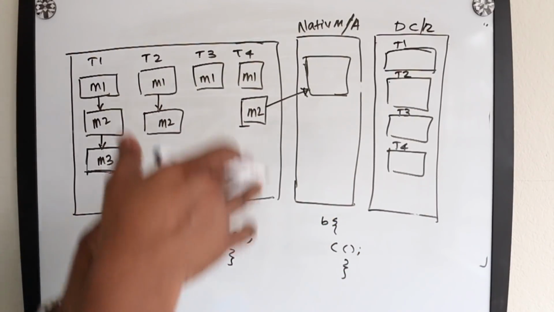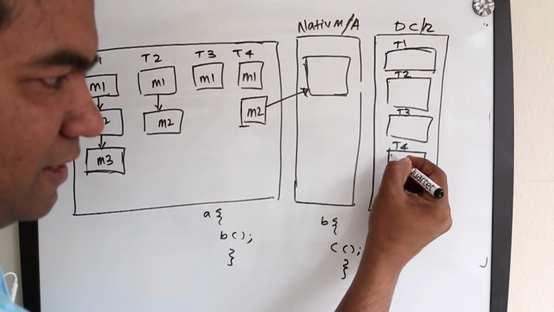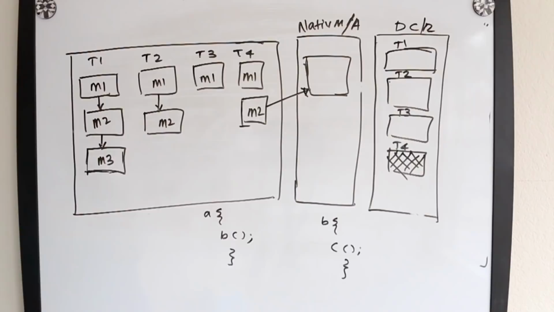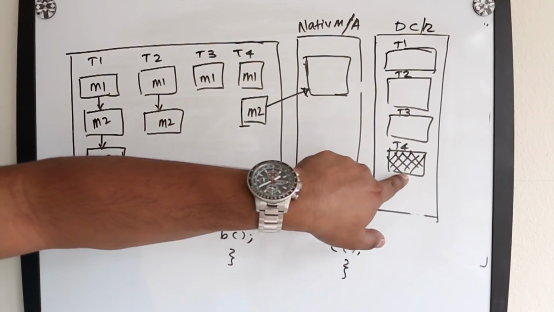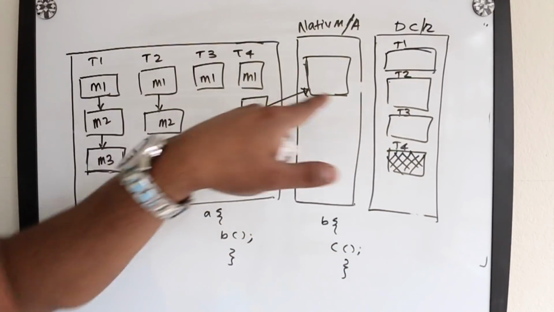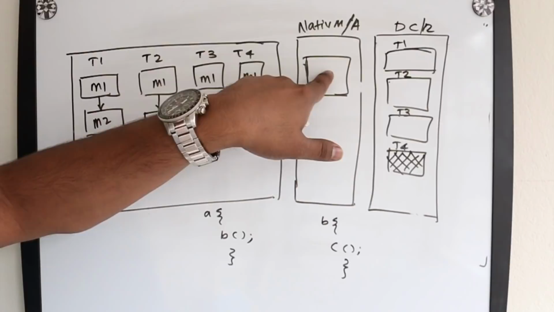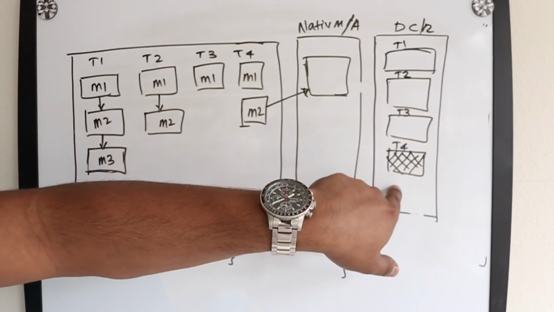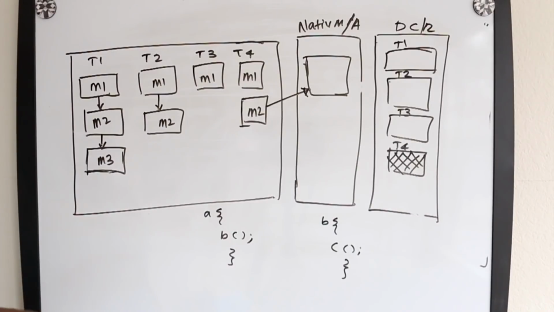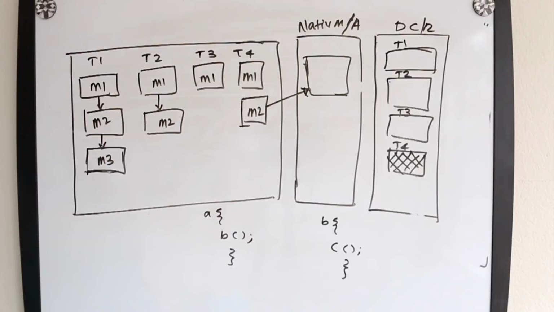So if you consider this exact time frame, there will be nothing inside this for T4, maybe it's null or undefined. Why? T4 is right now accessing this native method, therefore nothing would be available on behalf of T4 inside your PC register, but it will hold the information about all the other threads.